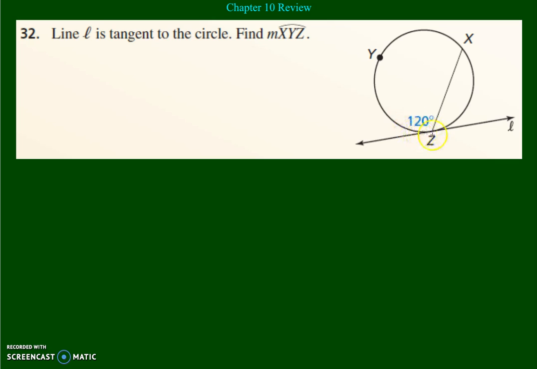So this angle is 1/2 this arc, which means that the arc is twice the angle. So if this angle is 120, then the measure of arc XYZ is going to have to be 240. So we know that the measure of XYZ equals 240. Now on to problem 33.